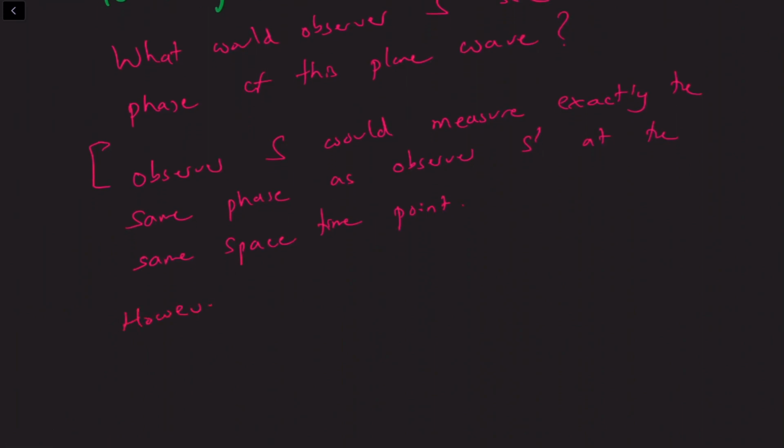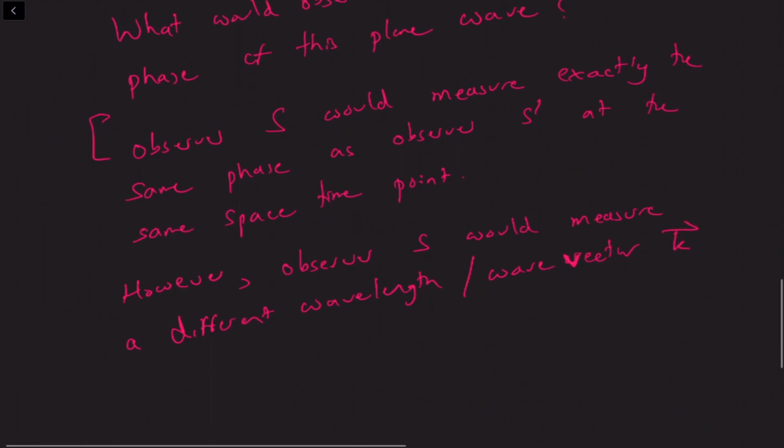However, observer S would measure a different wavelength or wave vector k bar, and they would measure a different frequency omega.